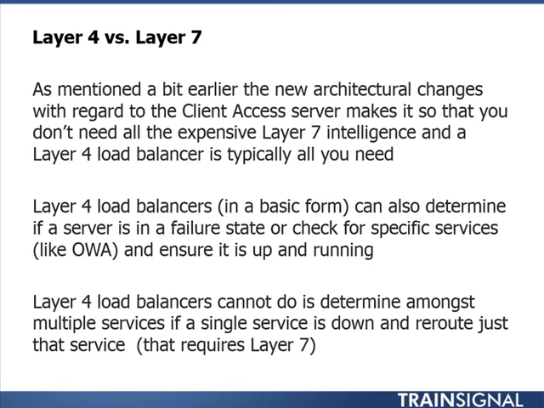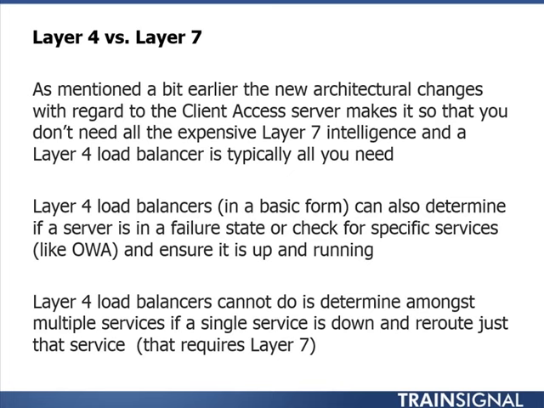We can assume that if our most important service is up, let's say Outlook Web App, then we can classify that CAS server as available. Or we can actually configure multiple VIPs tied to different names, one for each service. With a layer 4 server, it's a little bit more complicated to do that, and it basically means we need an IP address assigned to each service, like OWA or EWS.